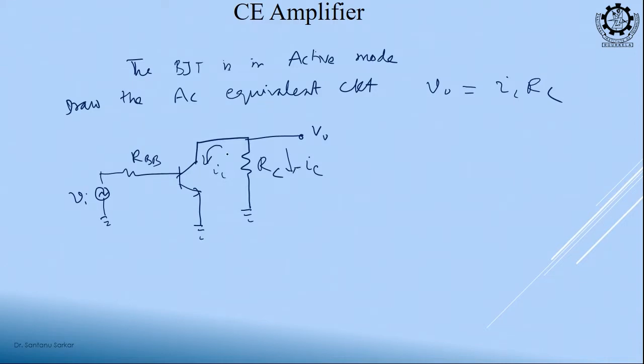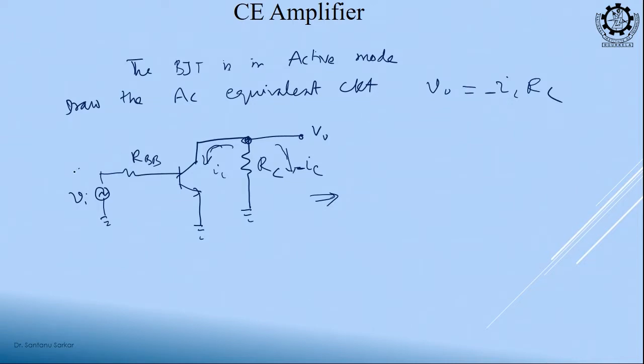Minus IC, then KCL is satisfied: IC plus minus IC is equal to 0. So, actually my output voltage is minus IC into RC. At this node, the current flowing through this resistance and the current flowing through the collector, their summation should be 0. So, how much current is flowing? Minus IC, clear.